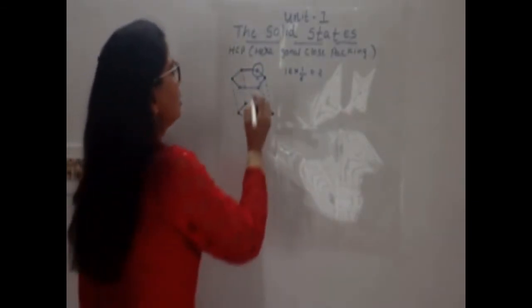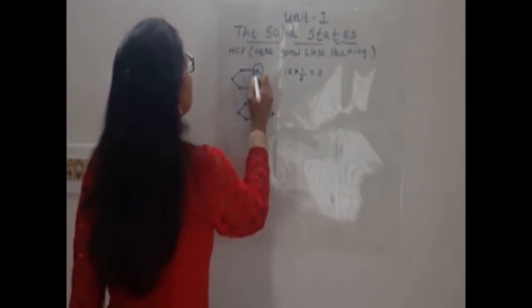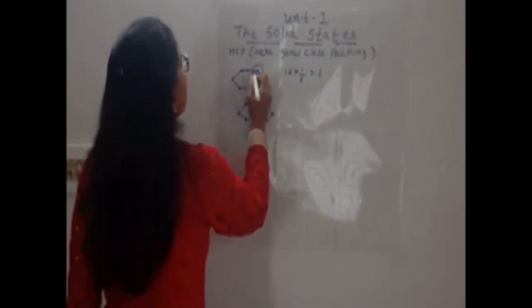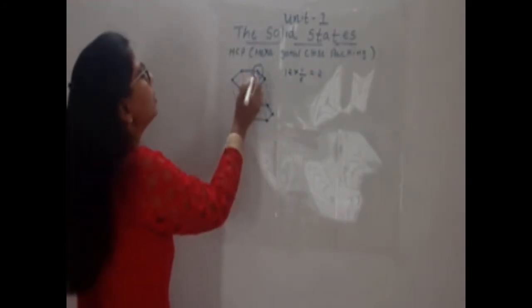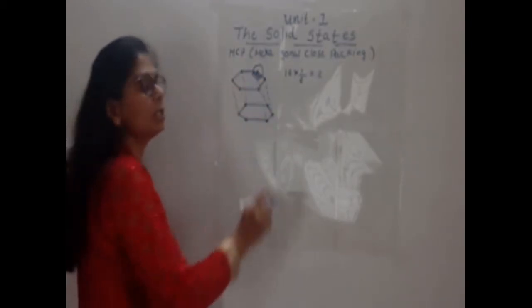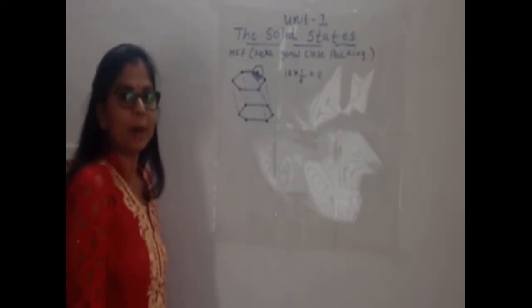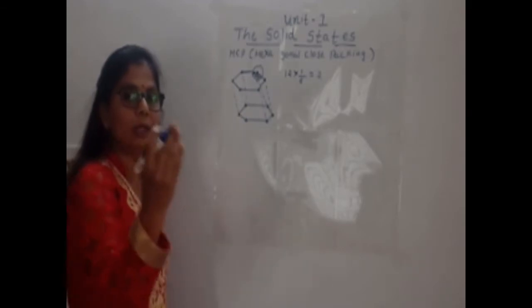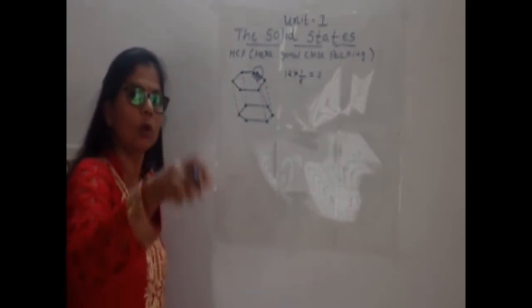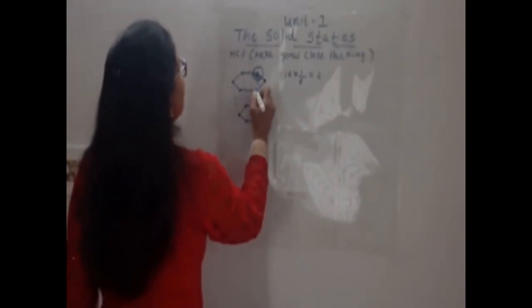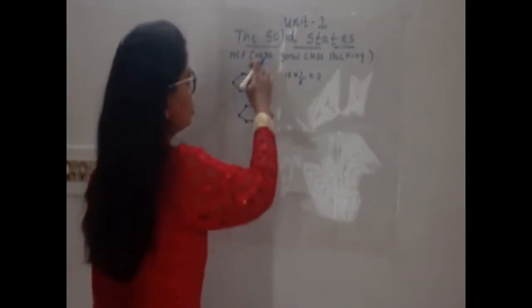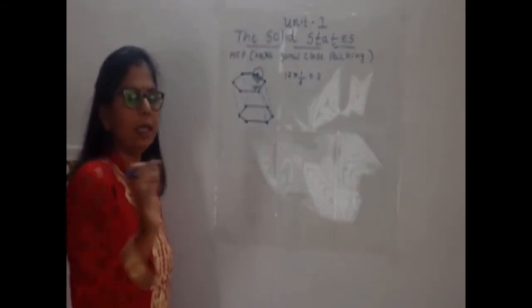In that, this angle which is seen by you, or we can say the part which is covered, that much part is 1/3 part of the whole unit cell. So that's why this angle is 120 degrees.